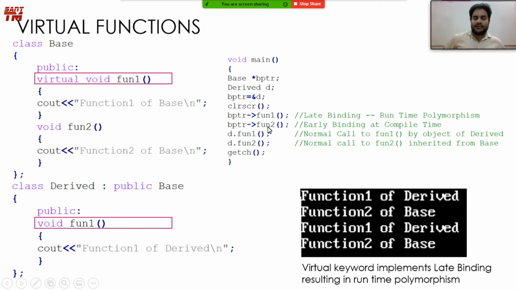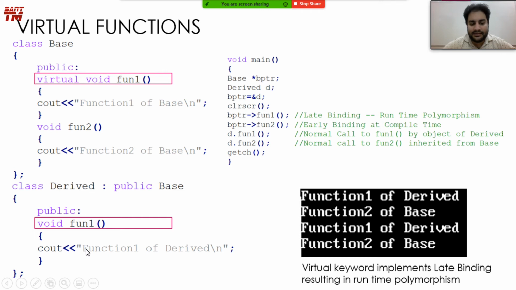Now let us once more look at late binding, why it is being called late binding. As the keyword virtual is also written here, what will happen when this program runs? When we run this program, bptr will go to the derived class. bptr will see that fun1 exists here also. That means there is one virtual function existing here, and one normal function fun1 existing here.